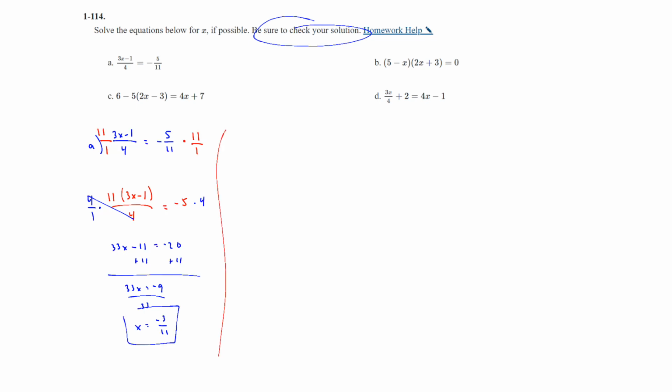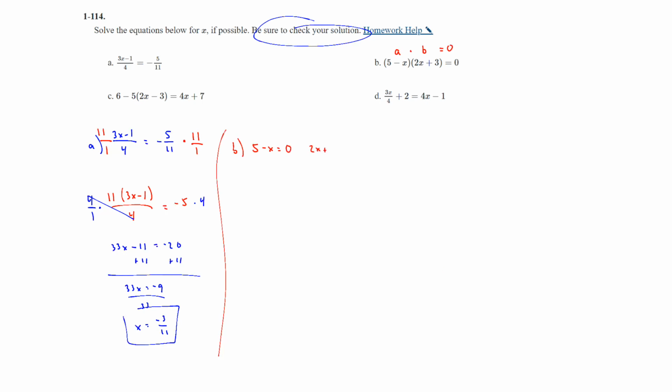All right, next up, B. B, we have two things that are being multiplied to give you 0. This is called the zero product property. And the zero product property states when you multiply two numbers together to get 0, one of the numbers has to be 0. So we will solve this by setting up both factors to be 0.